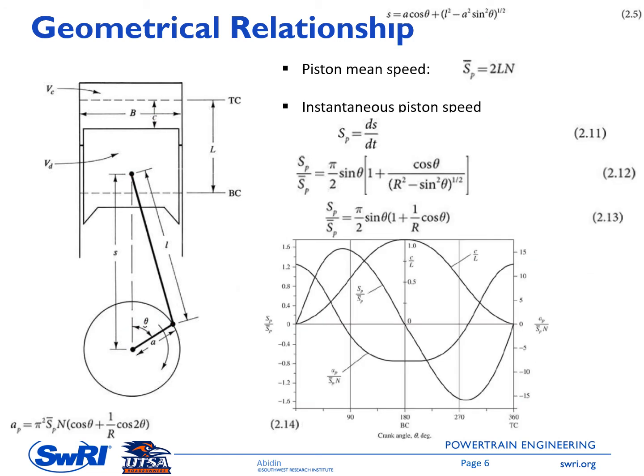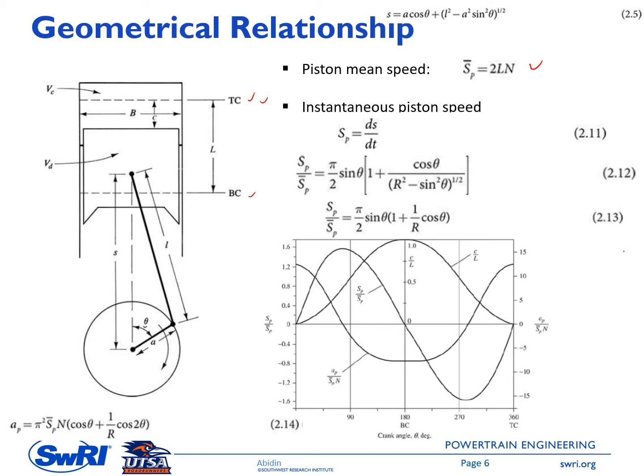The next parameter is piston mean speed, and this is actually the important parameter that controls the engine performance, not the engine rotation speed. Piston mean speed is formulated based on the fact that the piston needs to travel from TC to BC and then back to TC, so it means 2L, to have one complete rotation.